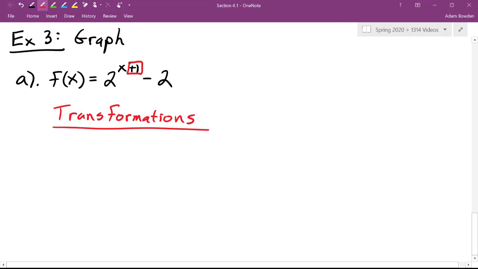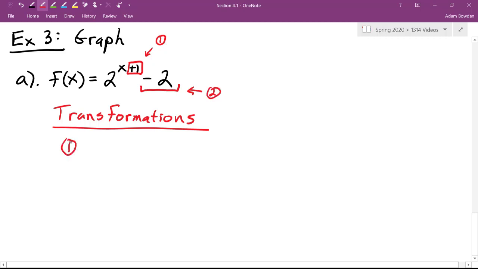So we have here this x plus 1, and then we have this minus 2 over here. So the plus 1 will be one transformation here, and then the minus 2 will be another transformation.